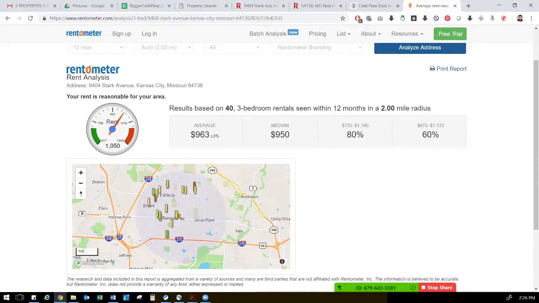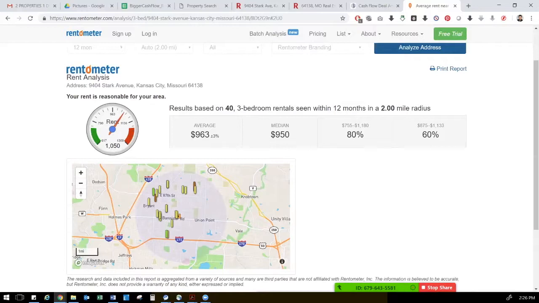So the median rent is 950. So it's very well that you could get 1050, right? Or you can go as low as 755 in this example. But based on the pictures that I've seen, you also have to take into consideration the level of rehab.